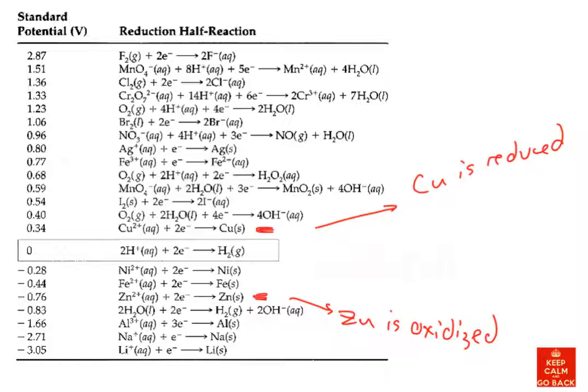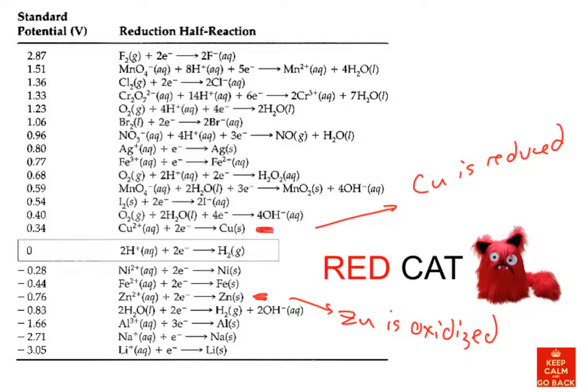We can use that information to label our half cells, and here's a really good reminder of which is which: red cat, reduction occurs at the cathode. So our cathode is going to be copper because copper is reduced. That means zinc, which is oxidized, is our anode. So red cat, reduction occurs at the cathode. Copper has a higher standard cell potential, so it will be reduced, so it will be the cathode.